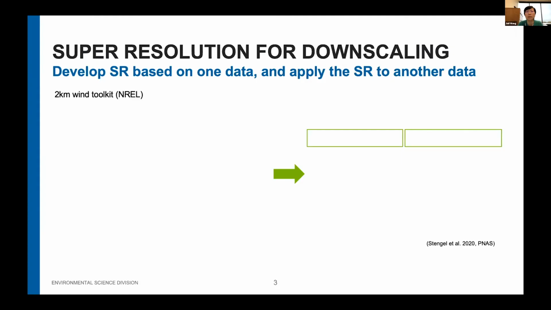But the problem is, for example, they used the CCSM data set and generated high resolution for the CCSM data, but because there is no true data involved during this production, the high resolution data is not validated, so there would be some challenges using this data, although there are lots of fine features.